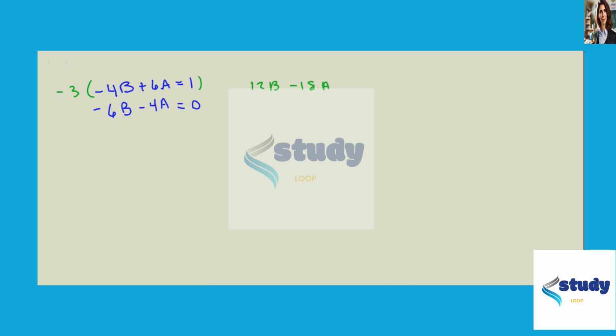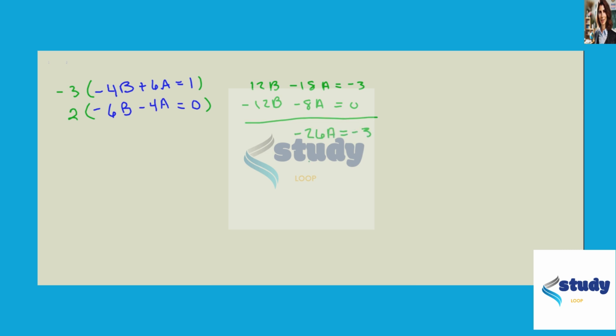So I get negative 12b minus 8a equals 0. My b's cancel, and I get negative 26a equals negative 3. A equals 3 over 26.